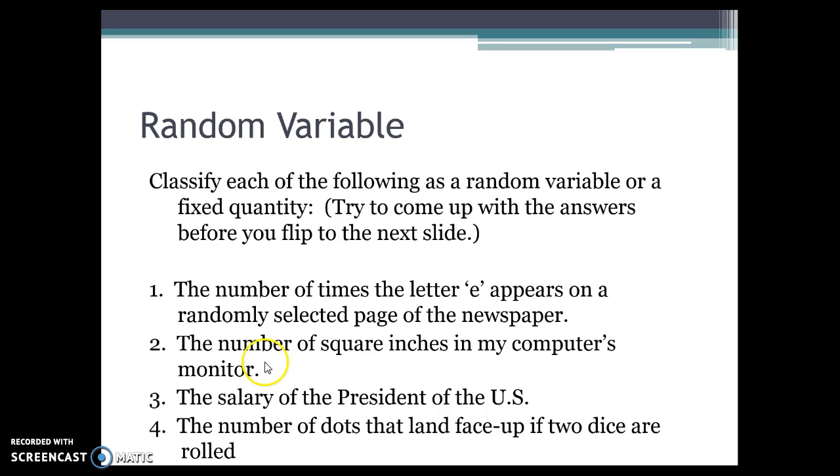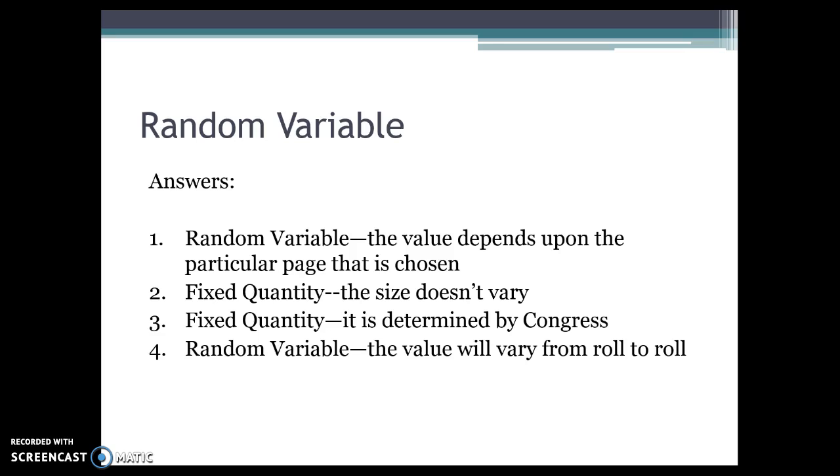The second one is going to be a fixed quantity because that doesn't change based on the particular one that I pick. The third one is also going to be a fixed quantity. That value is set by Congress. And then number 4 is going to be a random variable because if you roll the 2 dice again, you might get a different value. Okay, so that's what those answers are.